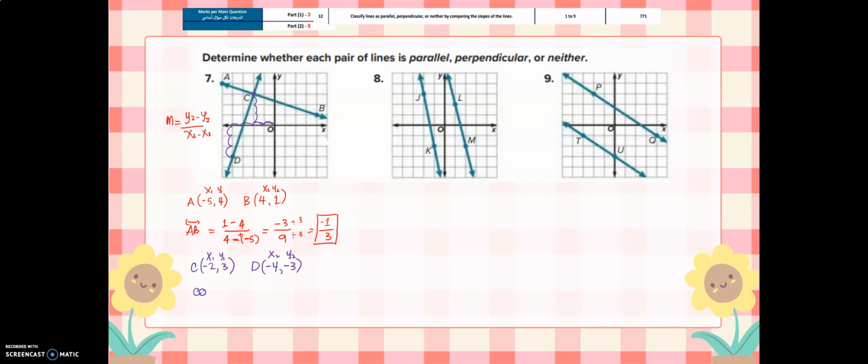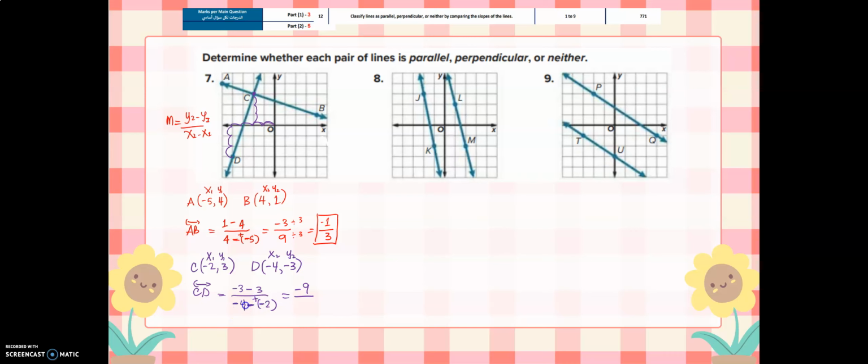For finding the slope of line CD, I may need my formula. Y2 is -3 minus y1, which is 3, over x2 is -4 minus x1 is -2. So -3 minus 3 is equal to -9 over. Again, this is negative times negative becomes positive.